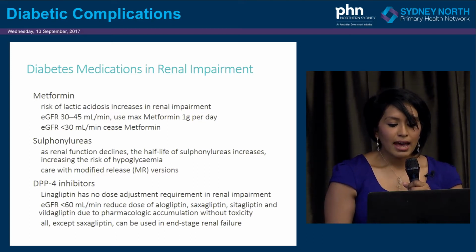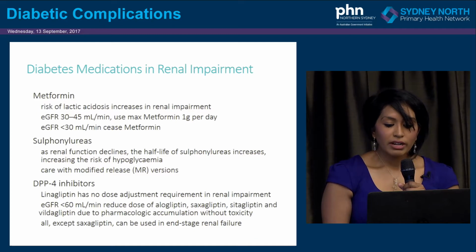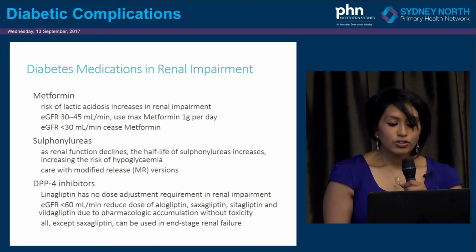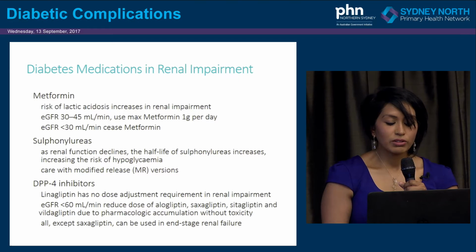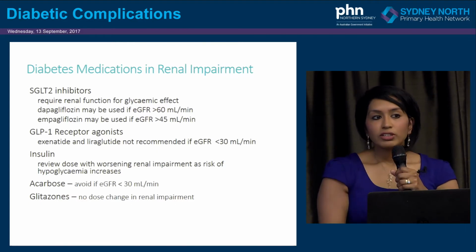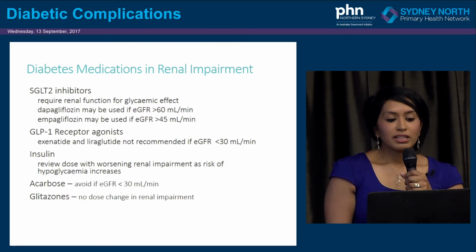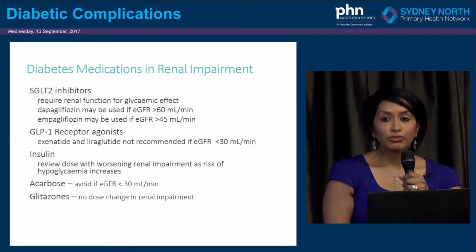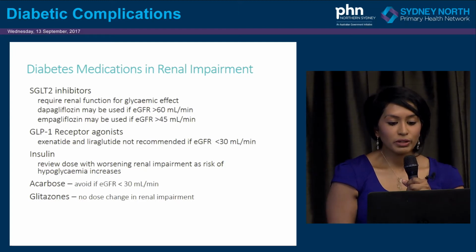DPP-4 inhibitors, linagliptin doesn't require any dose adjustment in the presence of renal impairment, but the others do, and they can all be used except for saxagliptin in end-stage renal failure. So they're a good option in patients with renal impairment. SGLT2 inhibitors, so essentially they work by blocking the SGLT2 receptor and therefore promoting glycosuria as the mechanism of reducing sugars, so you need renal function for them to work.